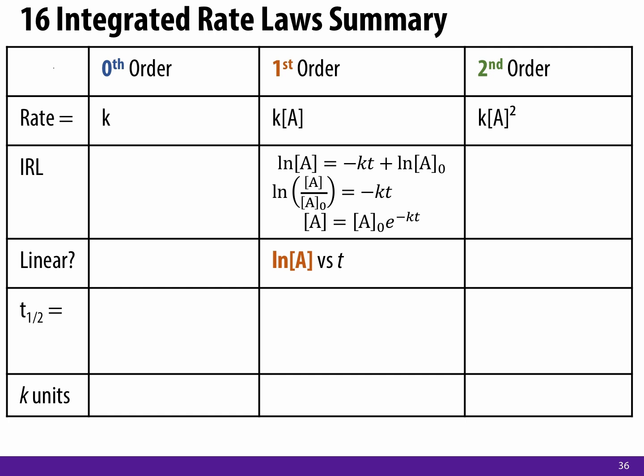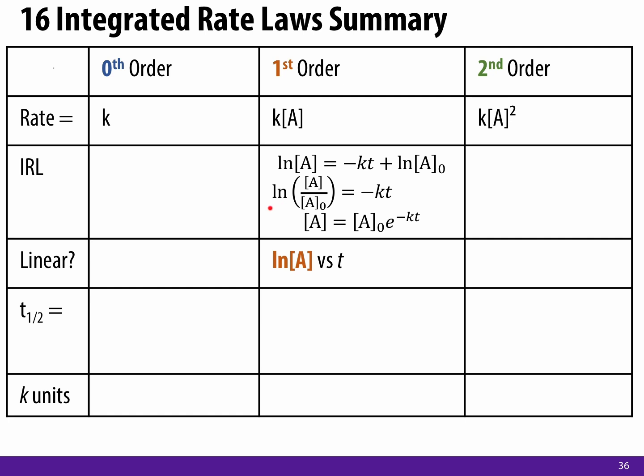Okay, so we can then continue to fill out this integrated rate law table. For first order, these three equations describe the integrated rate law: the concentration versus time behavior, the normal linear form, which is designed to line up with that y equals mx plus b, the ratio form, and in this case, if we take e to the power of both sides, we also get this exponential form.